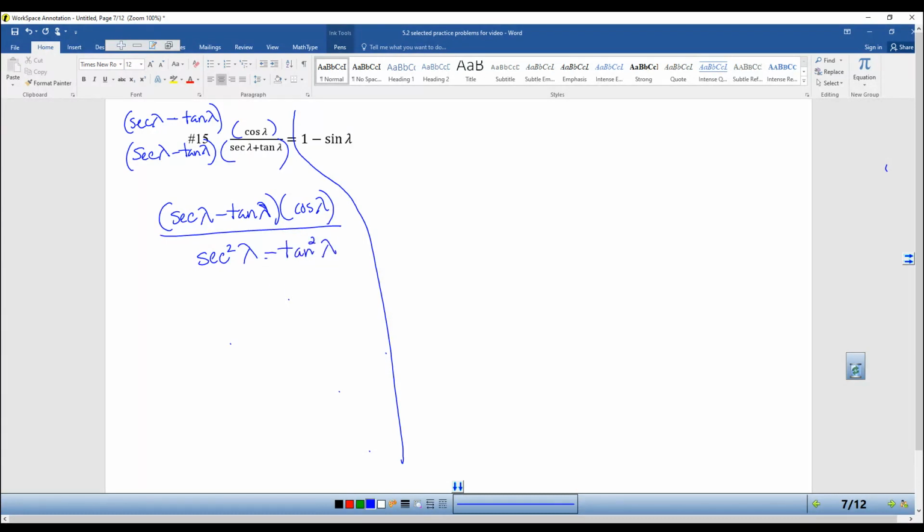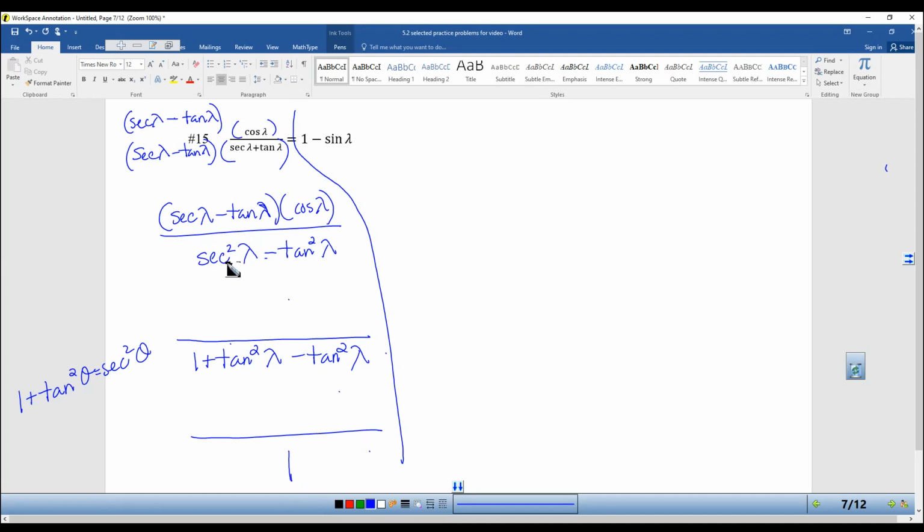Now that might be on your list of identities, but if you only have it written as its original, which is 1 plus tangent squared theta is equal to secant squared theta, then you would just replace that secant squared lambda with 1 plus tangent squared lambda minus tangent squared lambda, and that whole denominator just becomes 1.